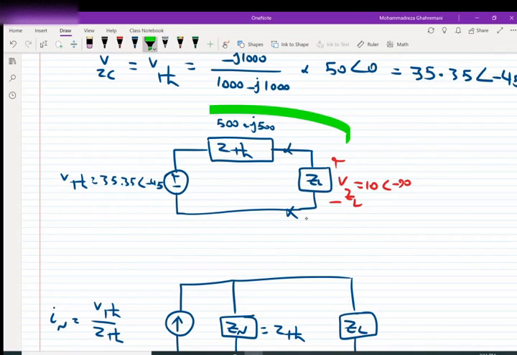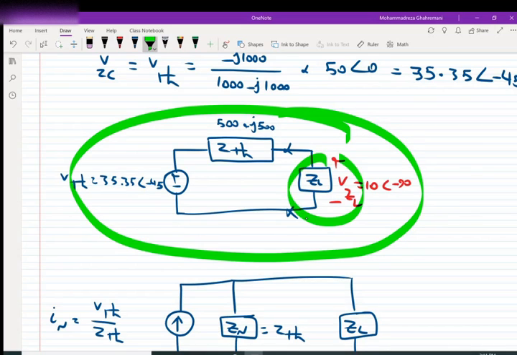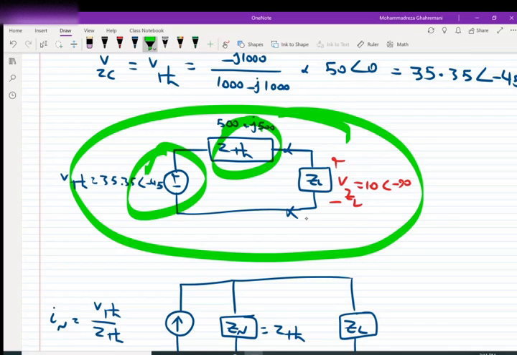It's easy. If we consider this circuit, we see that we have two elements and a voltage source. So we can simply write the voltage division.